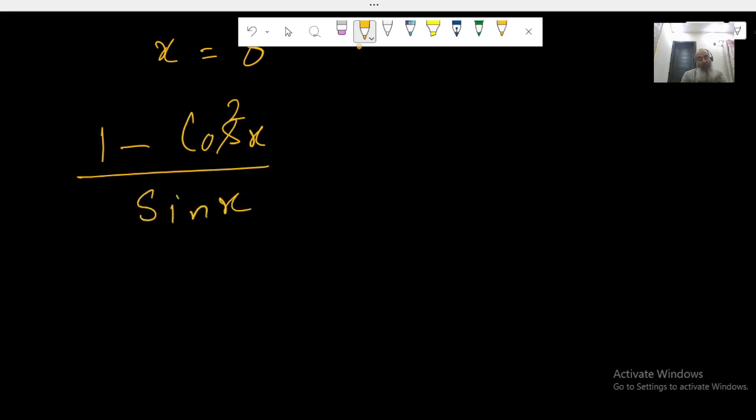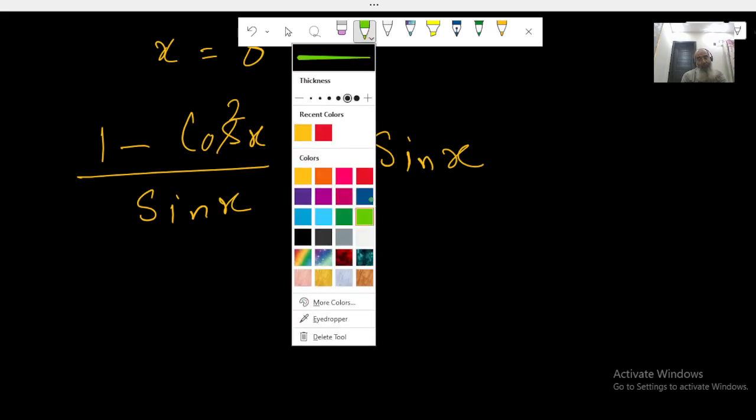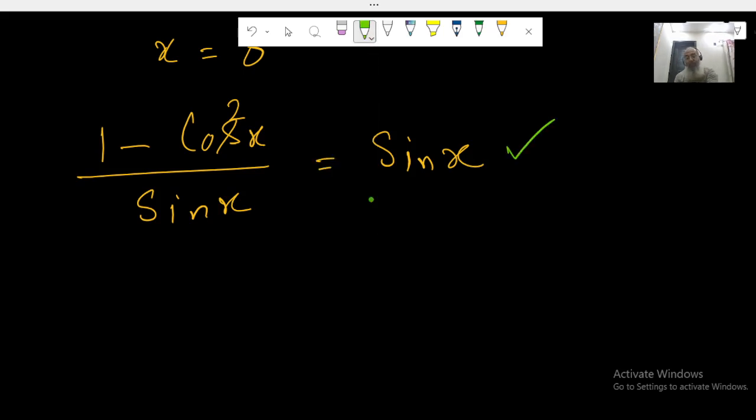And if you skip steps, you might write here sine x, which is right, the answer might be correct, but the justification is absent. You haven't shown him how you reached this answer, and he will deduct marks.